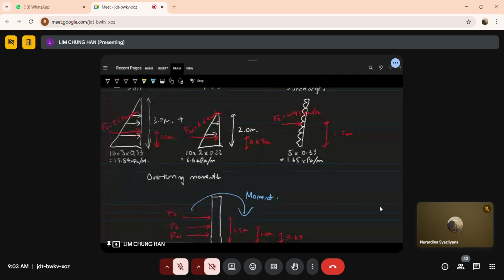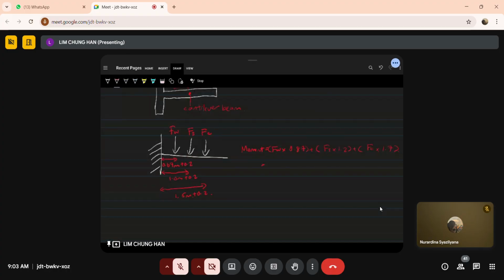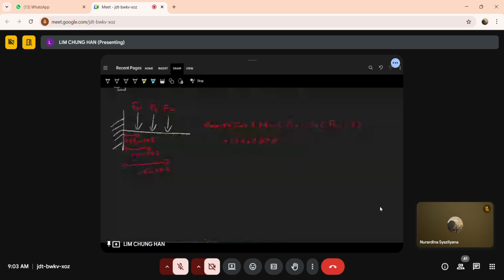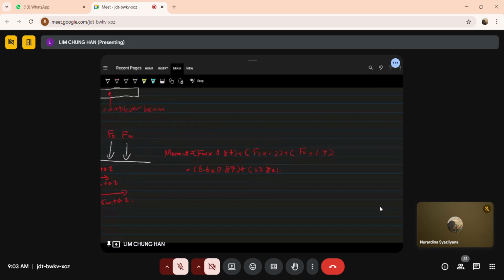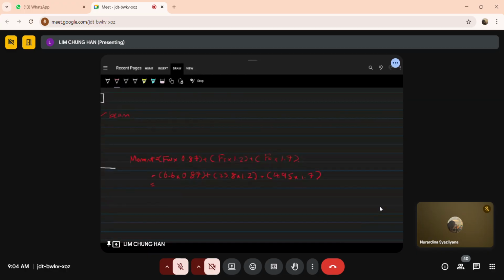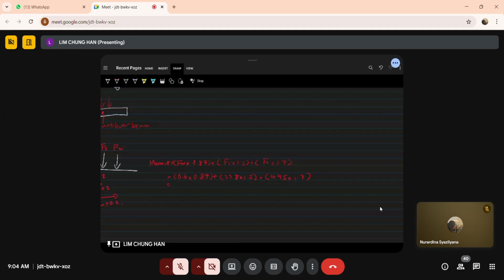Fw is 6.6. Fs is 23.8 times 1.2, yeah, plus Fc, 4.95. There. That's your moment. You treat it as a cantilevering beam.